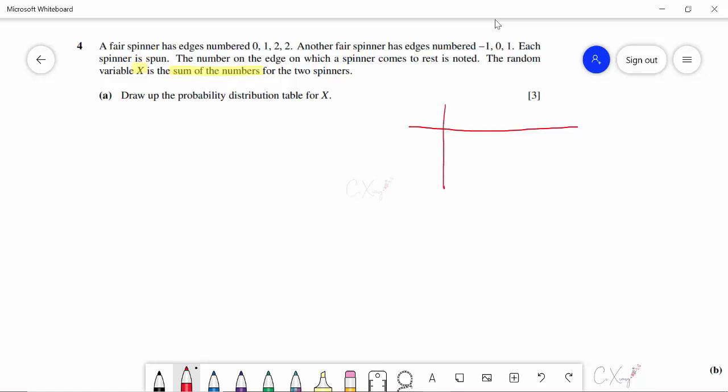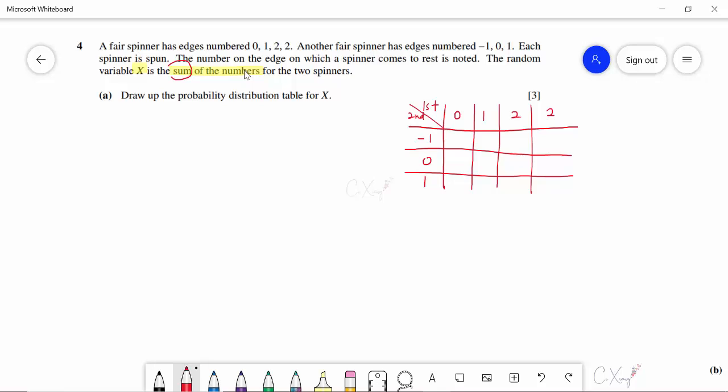For the first spinner, we are having 0, 1, 2, and 2. So I will label this as the first spinner, and the second spinner is -1, 0, and also 1. All right, so for the empty spaces here, I will try to fill in the sum.